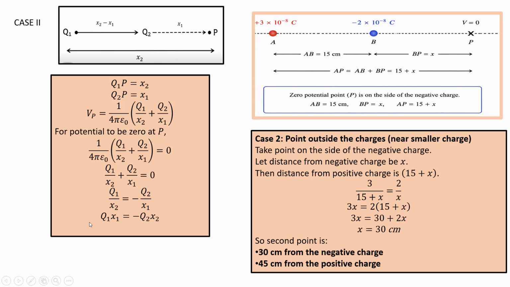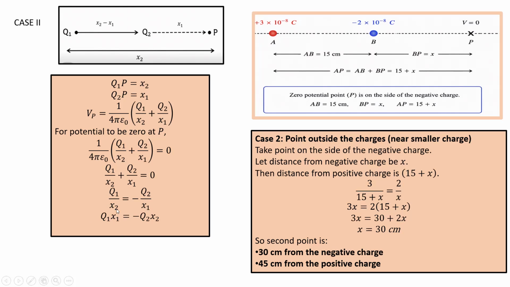Now, from this equation, we will come to know one important piece of information. Suppose Q1 is greater, then X1 should be small. I repeat, if the Q1 value is more, then X1 should be less. If Q2 is less, then X2 should be more.